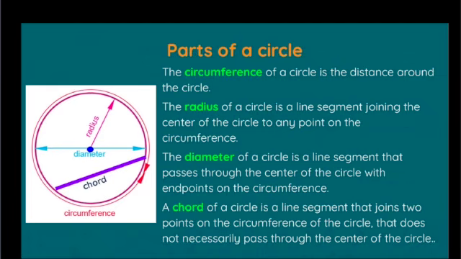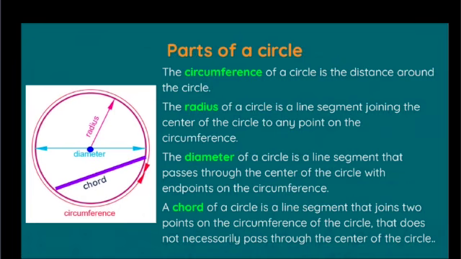All right, then we have the radius of the circle. It's a line segment that joins the center of the circle and goes to any point on the circumference. So this would be the radius, this would be the radius, any line segment that goes from the center to the circumference. We also have the diameter of a circle.